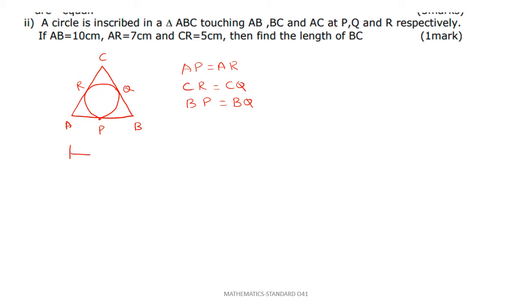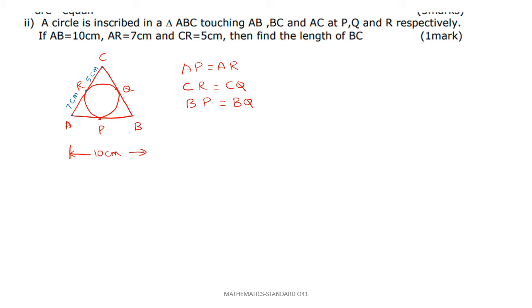So what are the values given? AB is given as 10 centimeter. So if we know PB, then we can find BQ. And AR is given as 7 centimeter. Then CR is given as 5 centimeter.